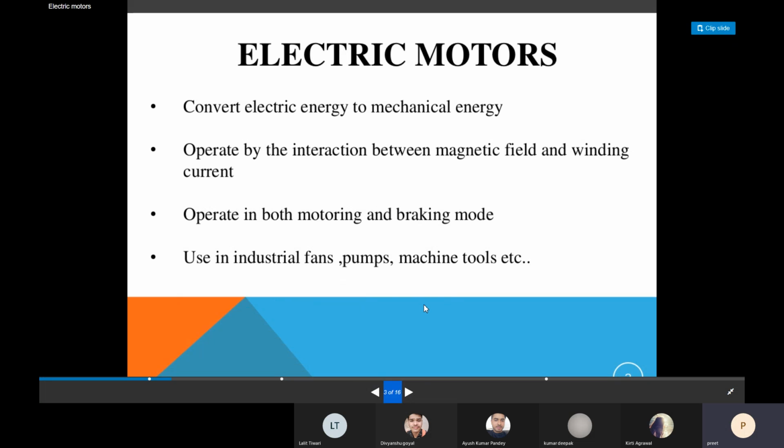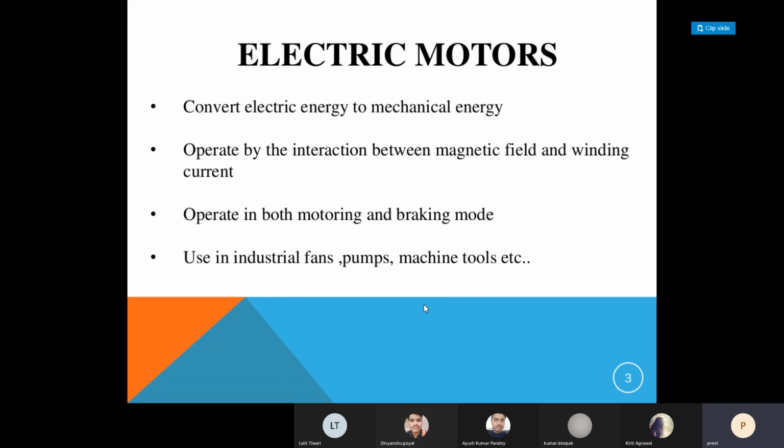So electrical motors, you are all very well aware, convert electrical energy into mechanical energy. You provide electrical energy as an input and you get mechanical energy as an output. They operate by the interaction of magnetic field and winding current.